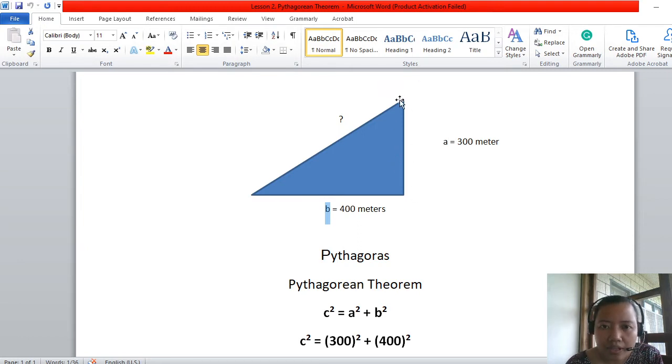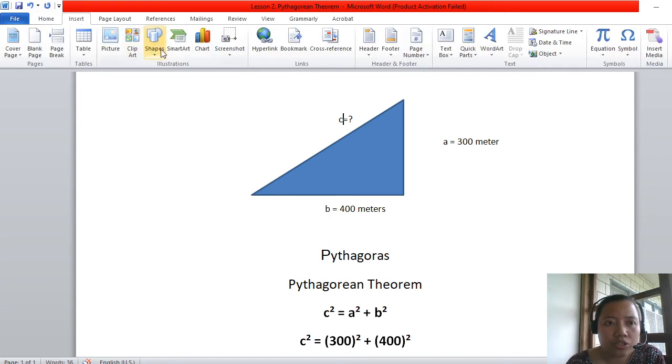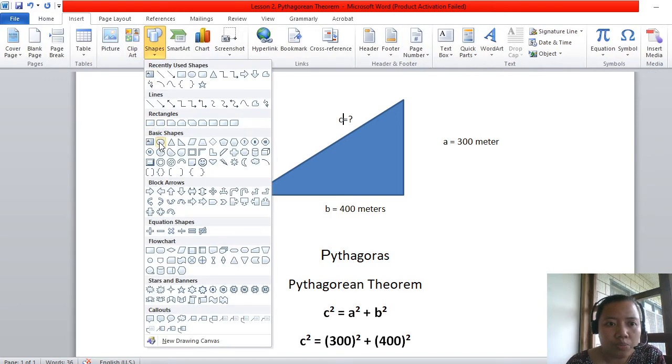And then this line here serves as our c. So the c here stands for the total displacement.